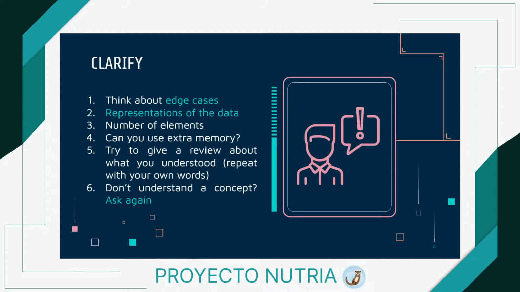Continuing with the second part, clarify. After you get the problem, maybe you are going to have questions. So the first part is to think about each case. You don't need to assume things.